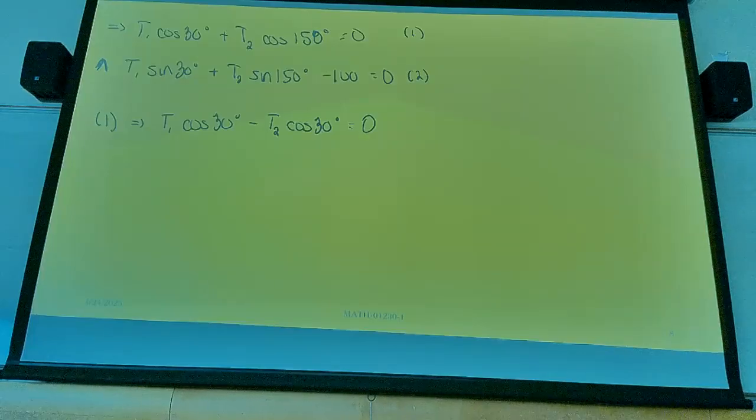That means T1 minus T2 has to be 0. Factor out the cosine of 30 degrees, divide. That means T1 and T2 are the same. So the magnitude of the tensions are the same.